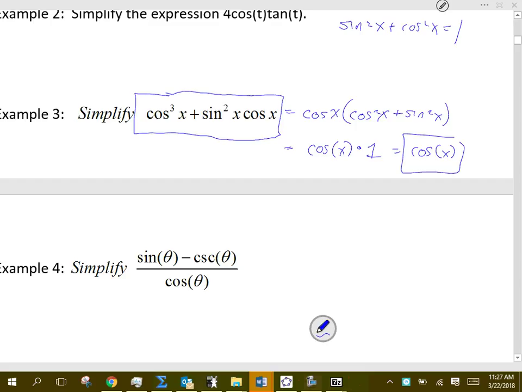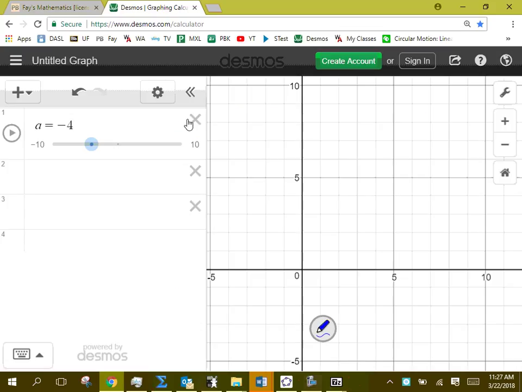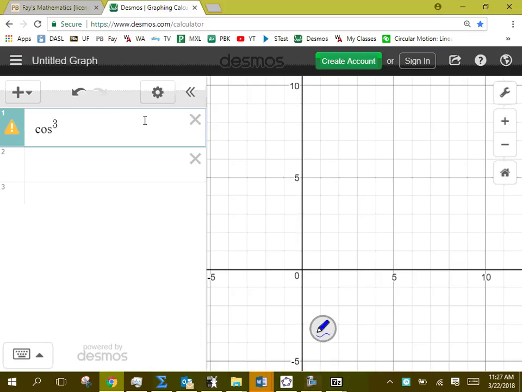Because if we were to graph those, cosine cubed x plus cosine x sine squared x.